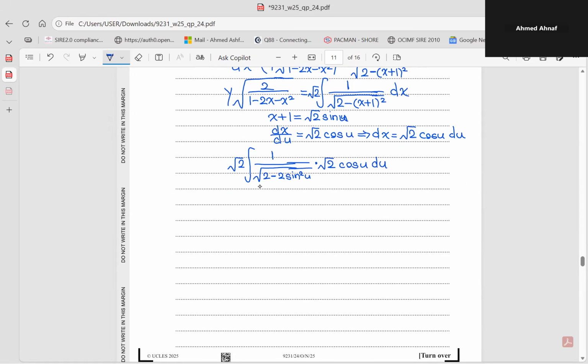Factoring out, you get square root 2, then square root of 1 minus sine square. So 1 minus sine square is cos square u, square root, you'll get cosine u times square root 2 cos u du.